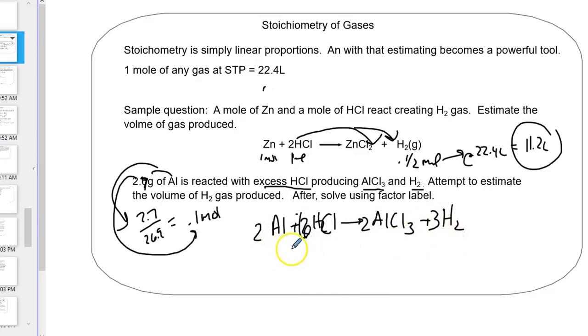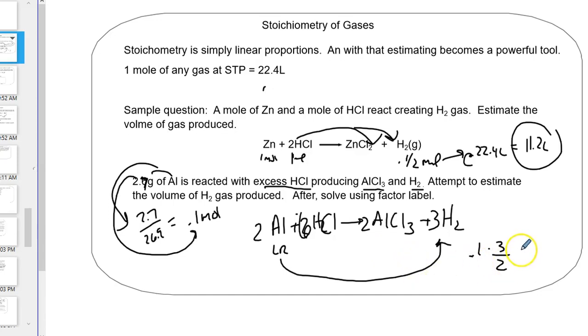And I know that this is my limiting reactant. So for every 2 of these, I get 3 of those. And I have 0.1 moles. So 0.1 times 3 divided by 2. It's 0.3 divided by 2, so let's calculate this out. I get about 0.15.